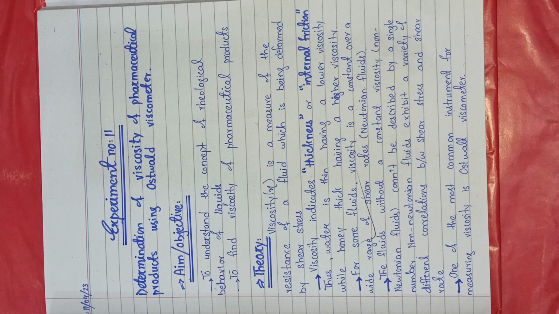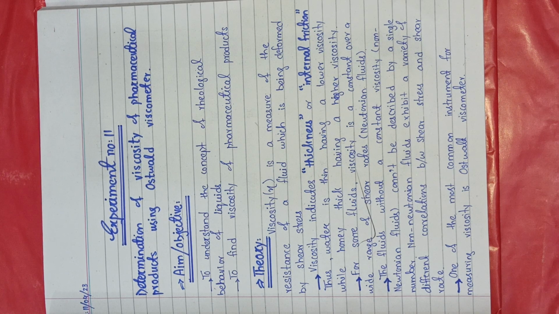Why does a fluid resist? Because a force is acting on it and is going to displace it, and the viscosity provides resistance in the flow of liquid. It doesn't allow fluids to move forward easily on the application of force. So viscosity actually indicates the thickness and internal friction.